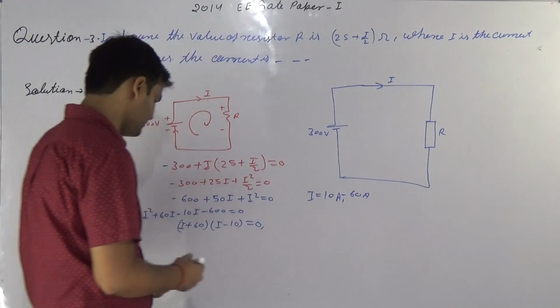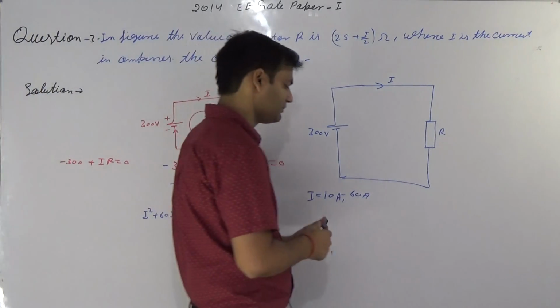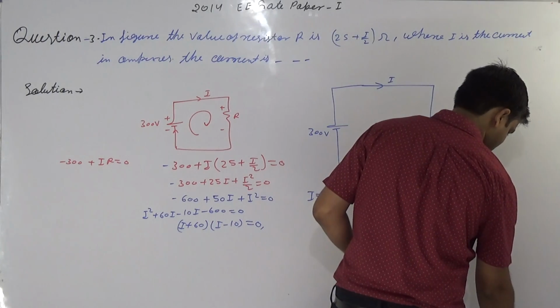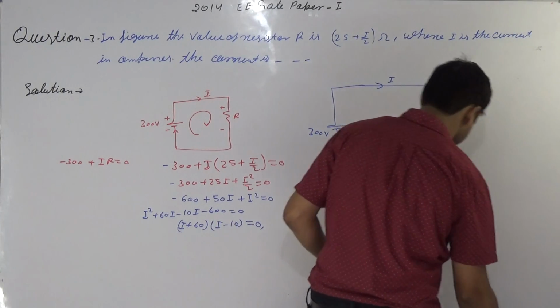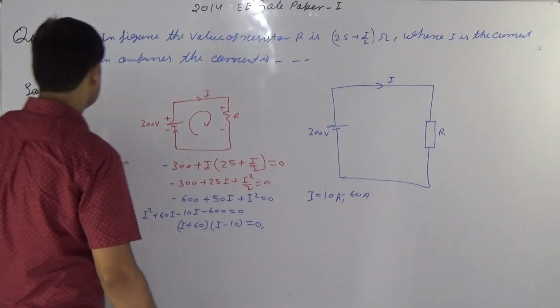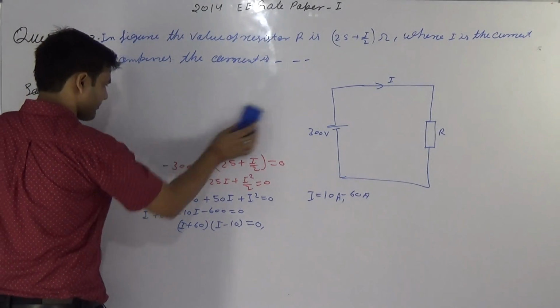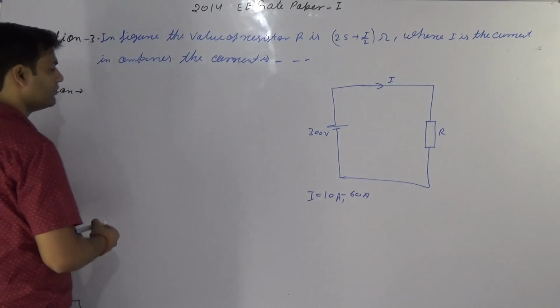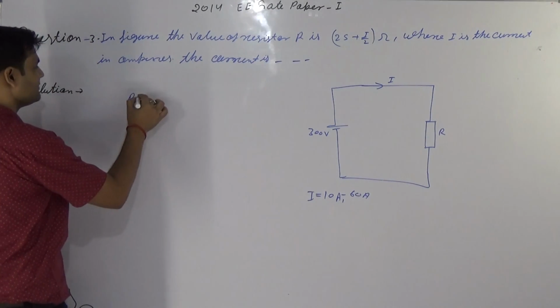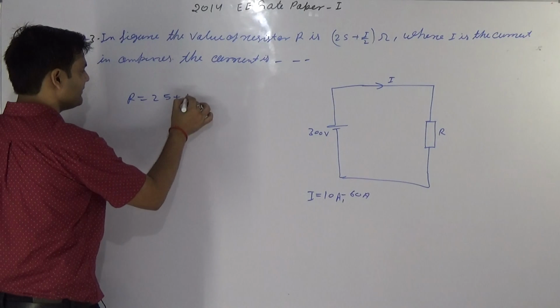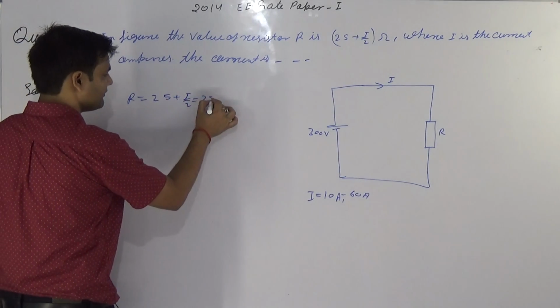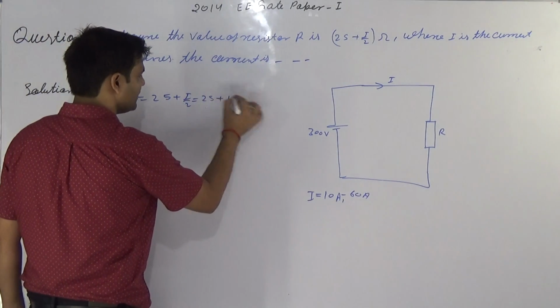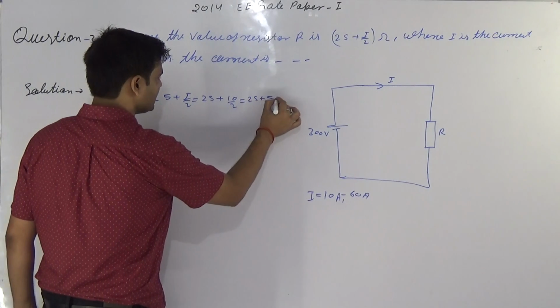Which one is preferred and which is not, or are both acceptable? Now let's discuss. Putting in this value, R equals 25 plus I by 2, so 25 plus 10 by 2, which is 25 plus 5, equal to 30.